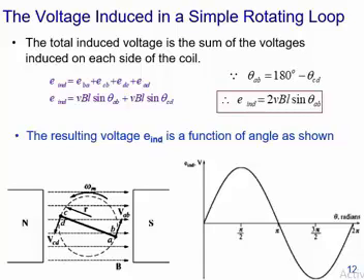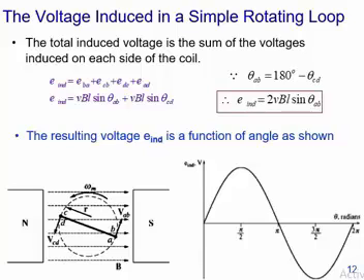As the value of the angle changes, the voltage changes sinusoidally. At theta equal to pi by 2, the voltage would be maximum, and at theta equal to 3 pi by 2, it would be maximum in the opposite direction, or you can say it would be minimum.